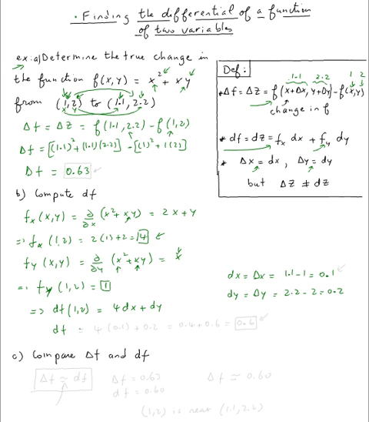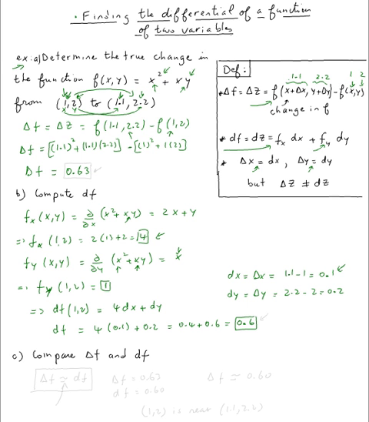So df will just be equal to 4 times my dx, which is given as 0.1, plus dy, which is 0.2. And this is going to be equal to 0.4 plus 0.2, which is 0.6. So the df is 0.6.